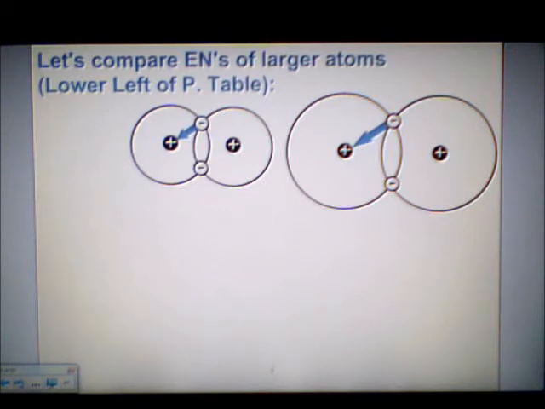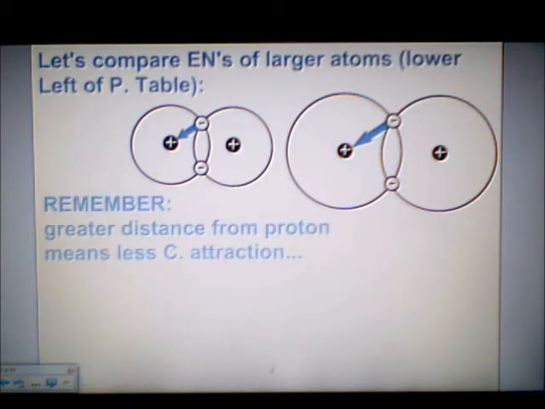And let's compare electronegativities. Suppose I have a larger pair of atoms that are sharing electrons. Just like the best example here is if I go to the lower left of the periodic table, you're going to have larger radius, and therefore you're going to have the example that's on the right here.